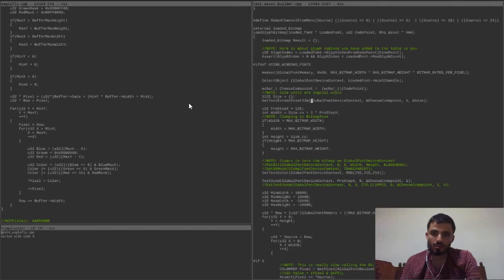Get text extent point, retail, global font, device context, code point. So yeah, this basically is going to spit it out.